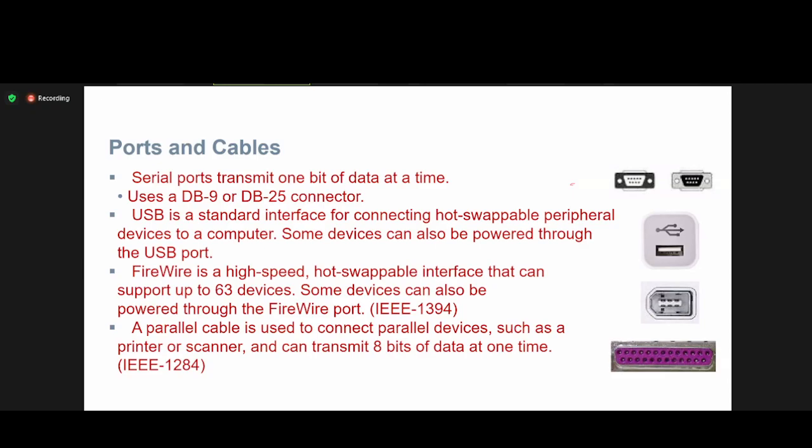I'm saying it in more formal words. A serial port transmits one bit of data at a time. So DB9 or DB25 connectors. The DB25 connector is basically the printer port, right? It is used in connecting devices through the DB25 connector.